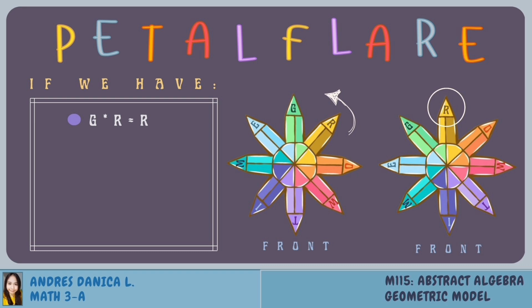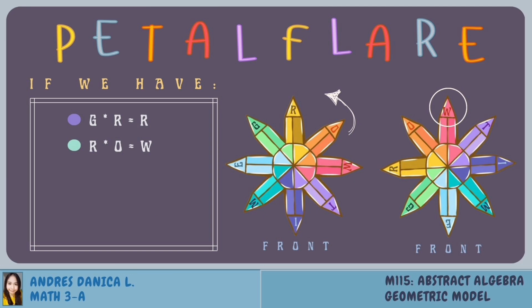Then the second move, we have to rotate 45 degrees counterclockwise, and we will get R. So G star R is equal to R. Next is if we have R star O, for the first move, we have rotate 45 degrees counterclockwise, and for the second move, we need to rotate 90 degrees counterclockwise, and we will get element W. So R star O is equal to W.